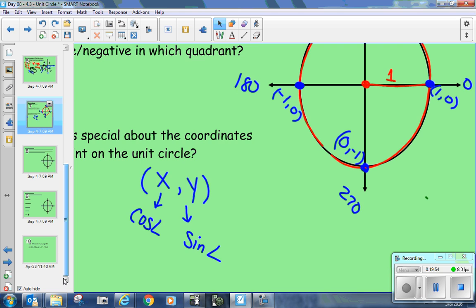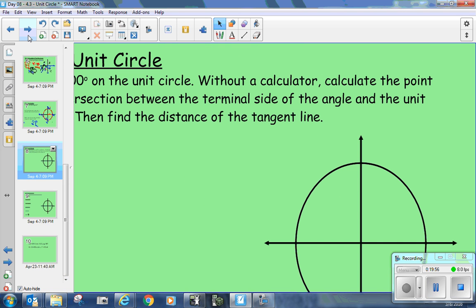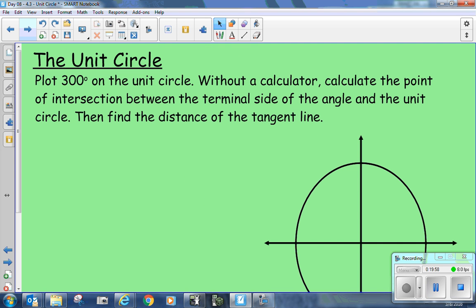A couple more. Plot 300 degrees in the unit circle, and without a calculator, calculate the point of intersection between the terminal side of the angle and the unit circle. All right?